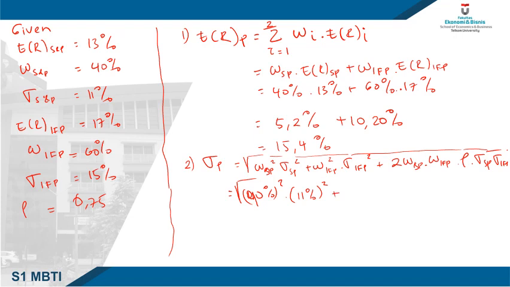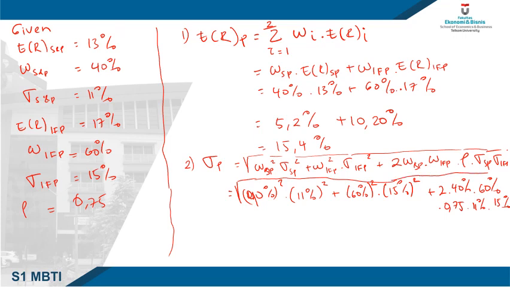So this is 11% squared, W_IFP is 60% squared, and sigma IFP is 15% squared, plus 2 times 40% times 60% times 0.75 times 11% times 15%.